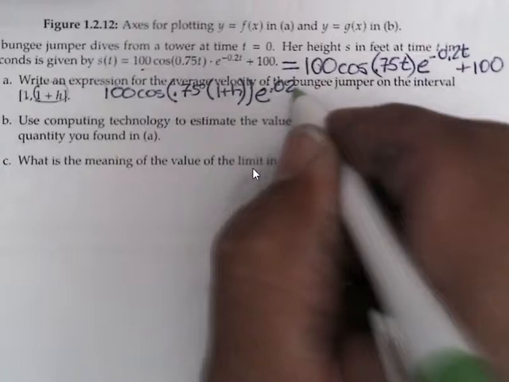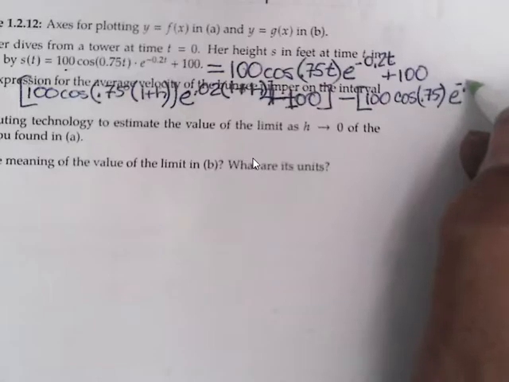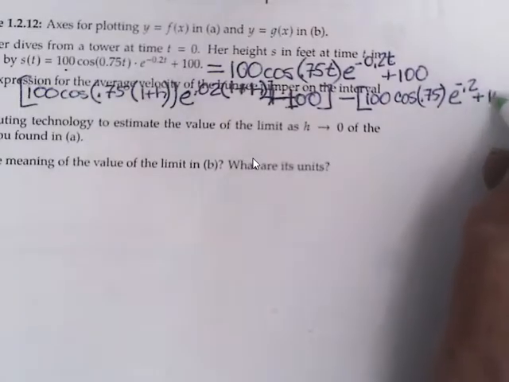So that would be parenthesis 100 cosine of 0.75 times 1, e to the negative 0.2 times 1, plus 100.